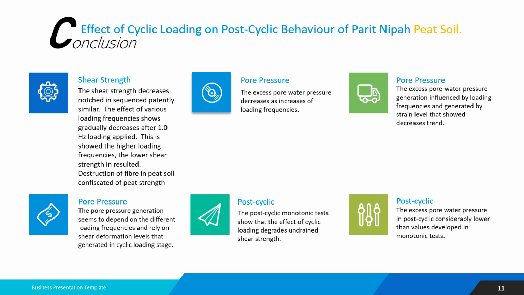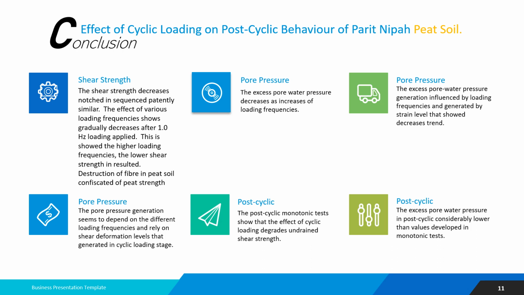At the end of this study, we can conclude that the undrained behavior of peat soil subjected to cyclic loading significantly shows the correlations of static and dynamic loading behavior of undisturbed soil samples. The following results have been observed and obtained during the test. Number 1, the shear strength decreases noted in sequence are patently similar.